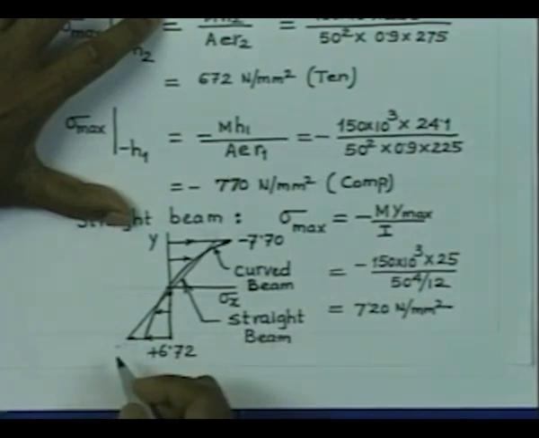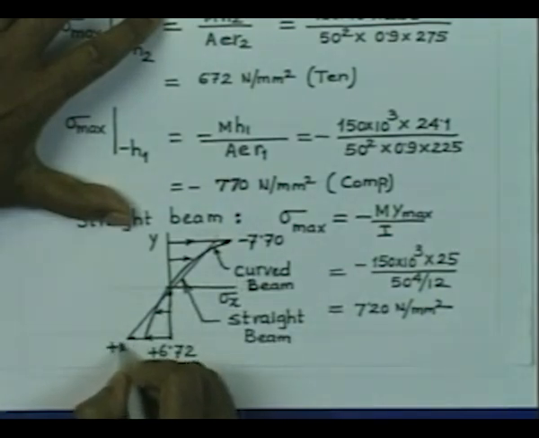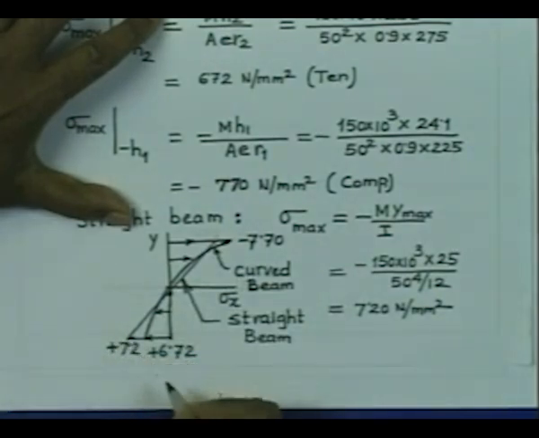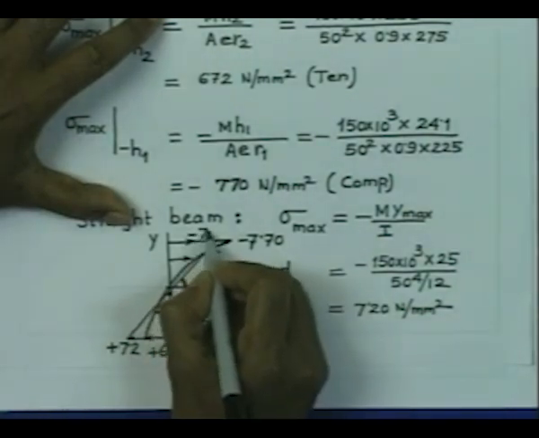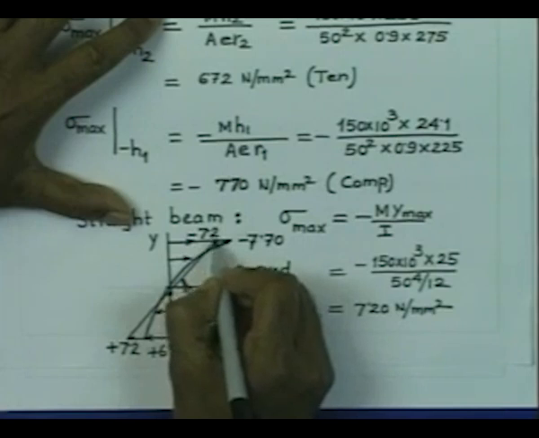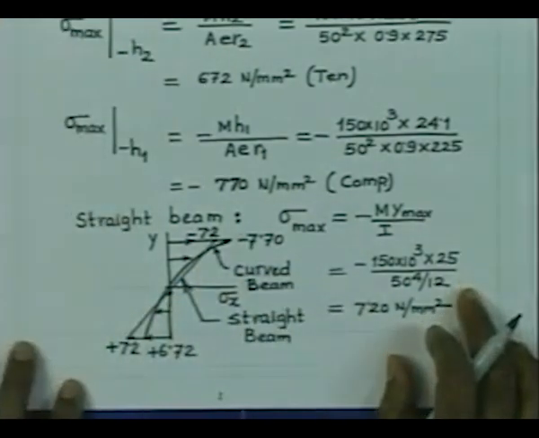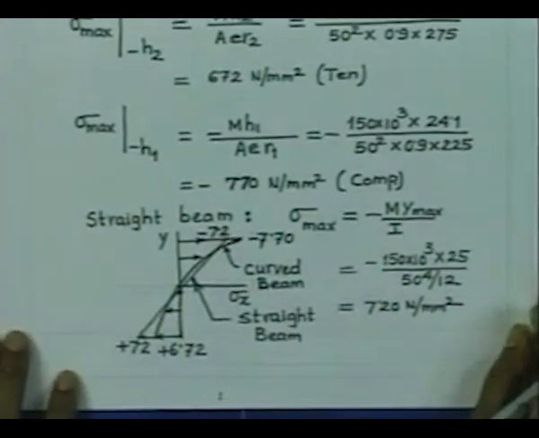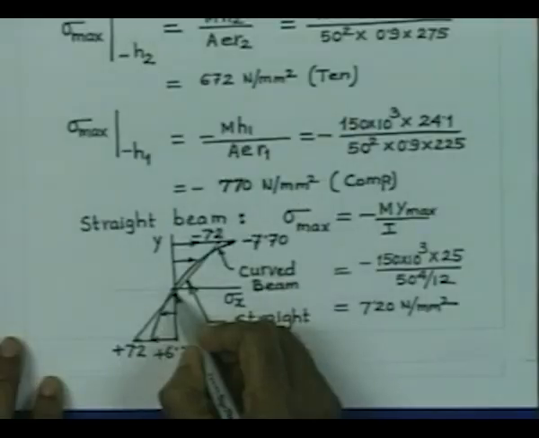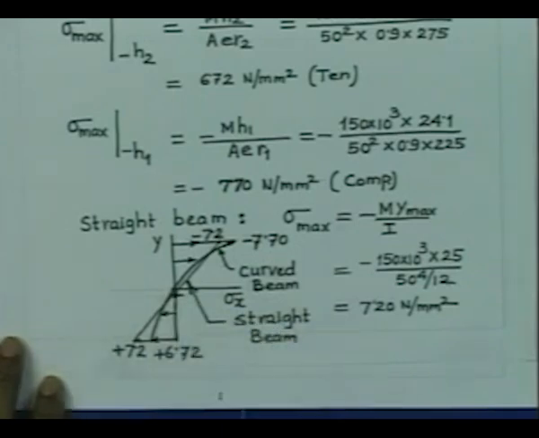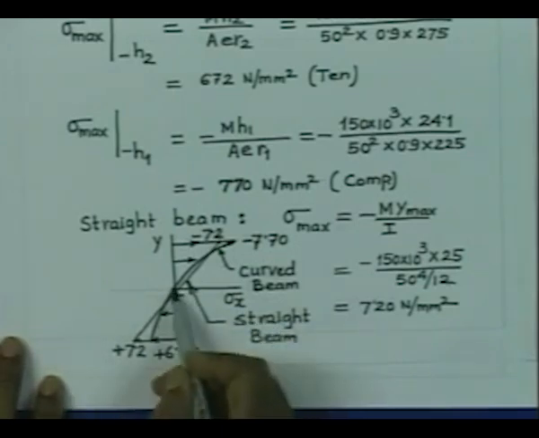And here the magnitude of the stress both at the top and bottom fiber is plus 7.2. That is the difference between the straight beam and the curved beam formula. Please note that the 0 of the straight beam formula is occurring here, whereas 0 of the curved beam formula is occurring at a point which is closer to the center.